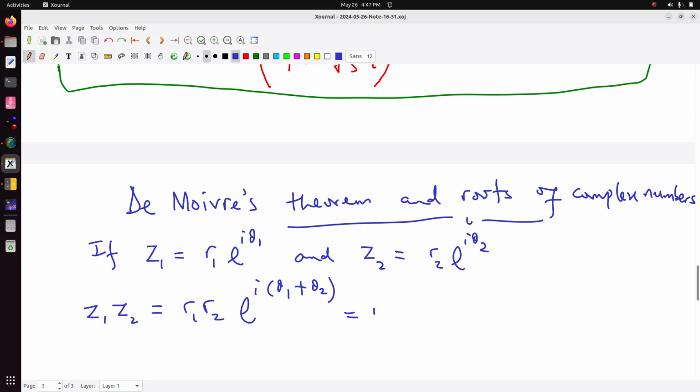If you use Euler's formula, we can write this as cos(theta1 + theta2) plus i sin(theta1 + theta2).